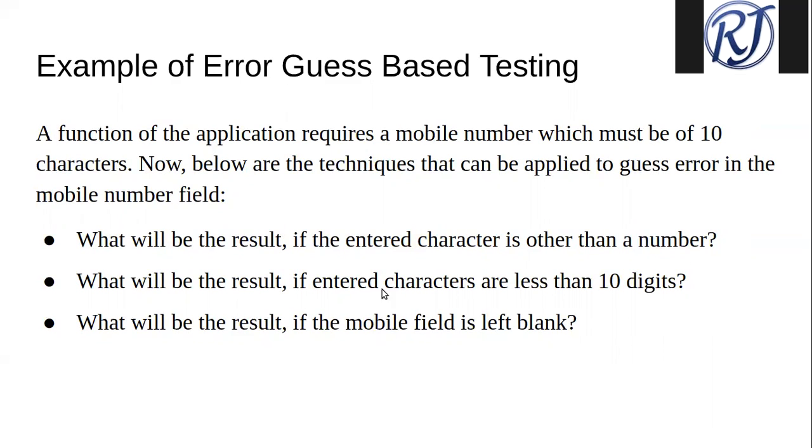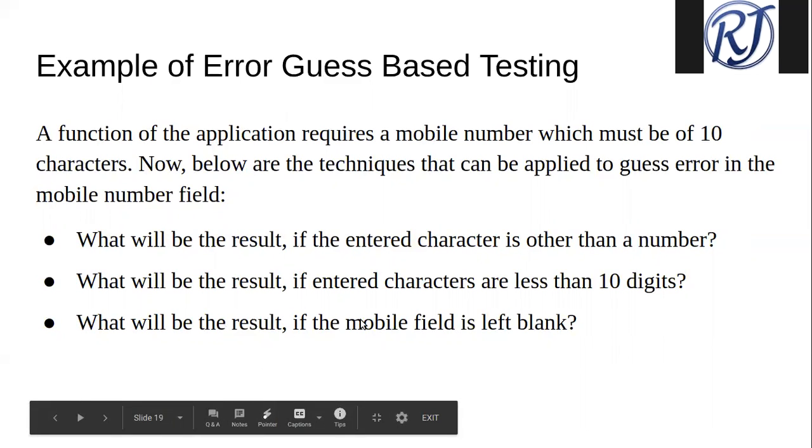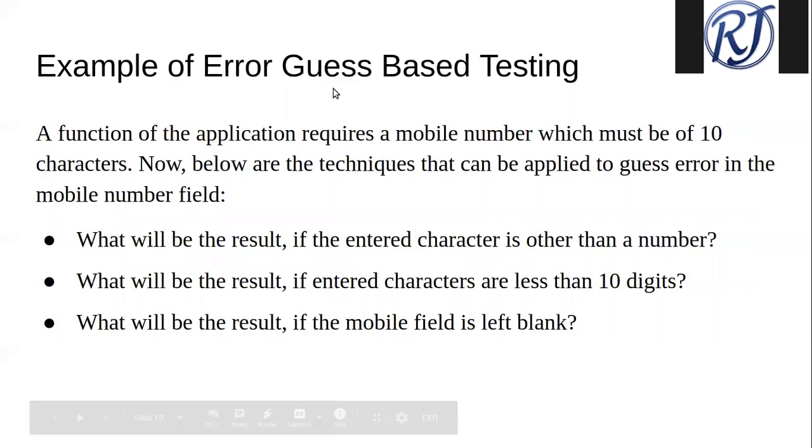What will be the result if the entry is less than 10 digits? What will be the result if the mobile field is blank? So here we can use these experience based test cases to test the mobile number field. So this is one example of the error guess based technique.